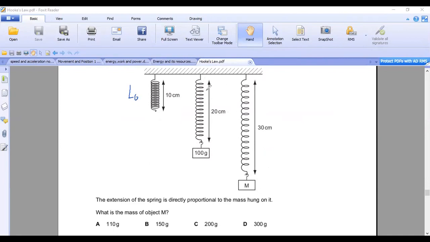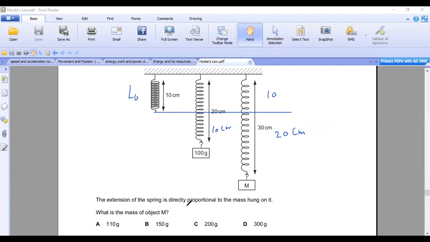Okay, now there is a linear relationship between the force and the extension. So 100 grams gave me an extension of 10 centimeters. This M gave me an extension of 20 centimeters, because here it is 10. Okay, the extension of the spring is directly proportional to the mass hung on it.